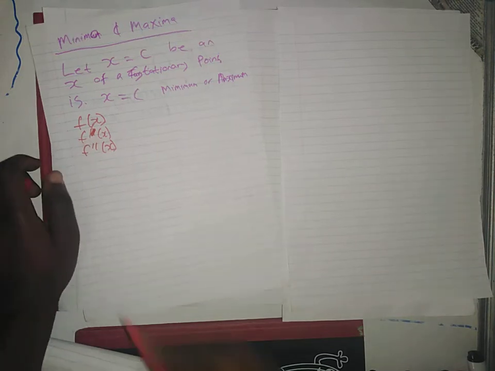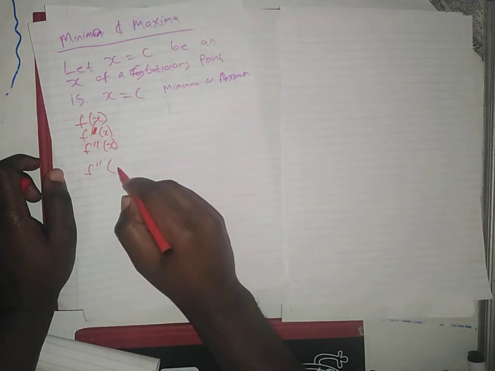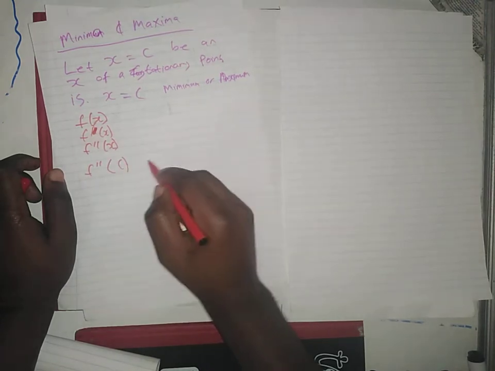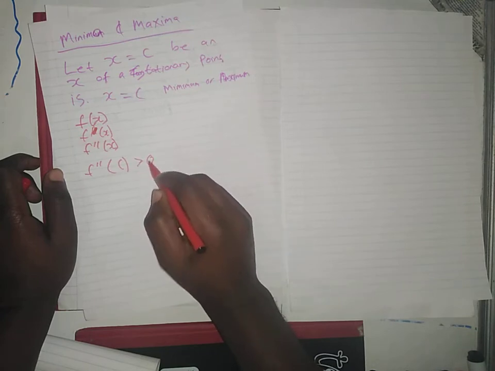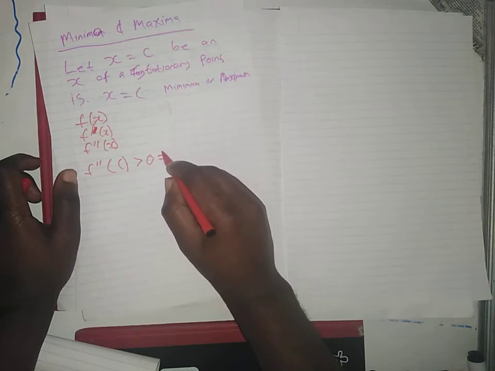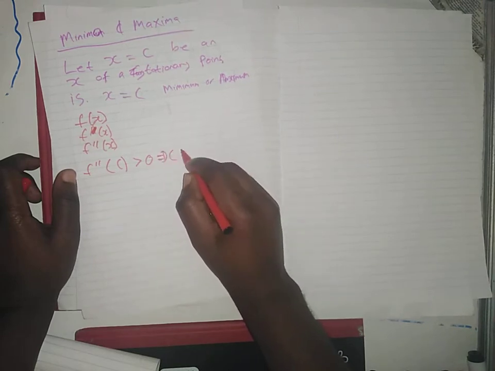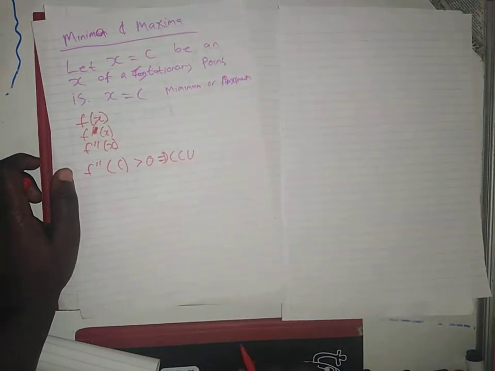Okay, so if you take the second derivative at c, and it turns out that it is a number that is greater than 0, then that would simply mean that you've got concave up. We saw it from the previous example.